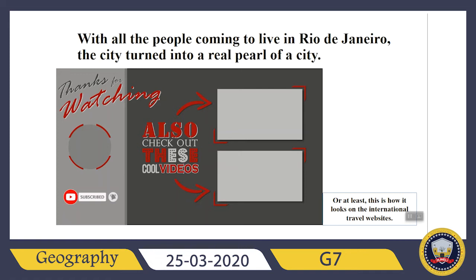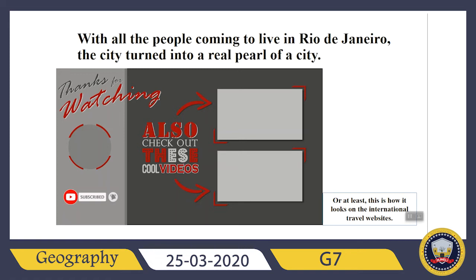And this is exactly what the international travel websites want you to think about. But what they forgot to show you in this video is the opposite side of the same coin. Because many people, when they come to live in Rio de Janeiro in hopes of a better life, in hopes of a beautiful life there, they may not find that beautiful life.